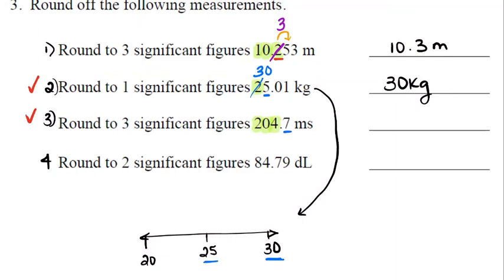So that means that 4 is going to turn into a 5. And then the answer for that is going to be, excellent, 205 milliseconds. Okay? Great job, you guys.